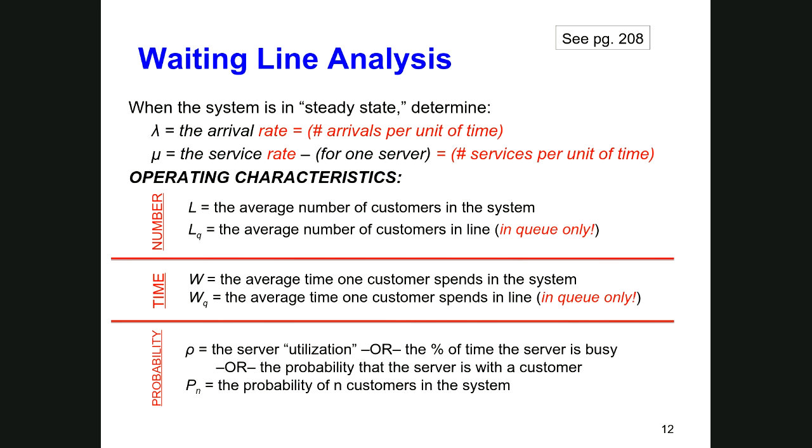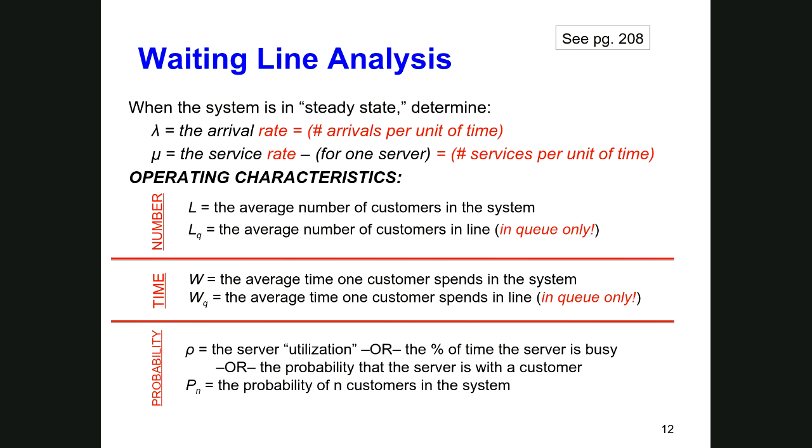Now, given these factors that we saw on that last slide, there's at least six different operating characteristics that we can tease out from these waiting lines. We'll see the formulas for these in a minute.